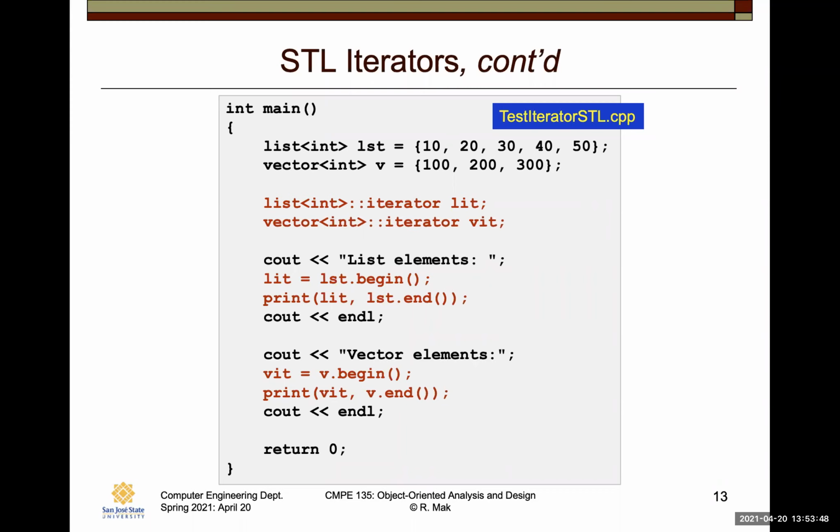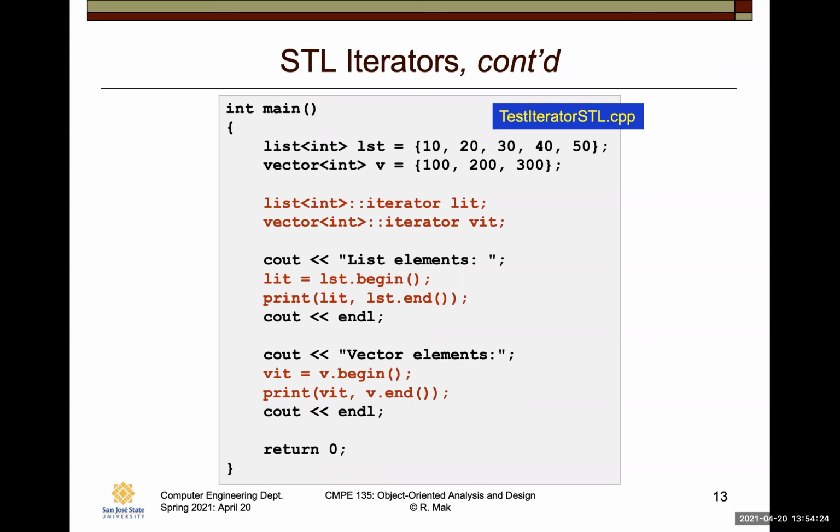I'm going to initialize the iterator to the start of the linked list. Every container will have a begin member function that returns the start of the elements. And it has an end, which is actually not the last element, but a pointer to one past the last element, so you have to keep that in mind.